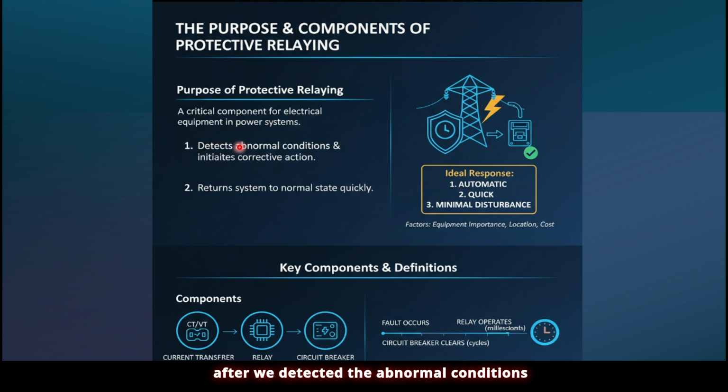So after we detect the abnormal conditions, we have to initiate a corrective action, and this may be done with a circuit called a trip circuit that we will explain later.